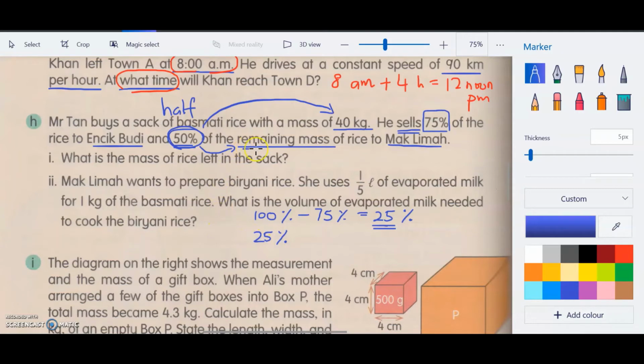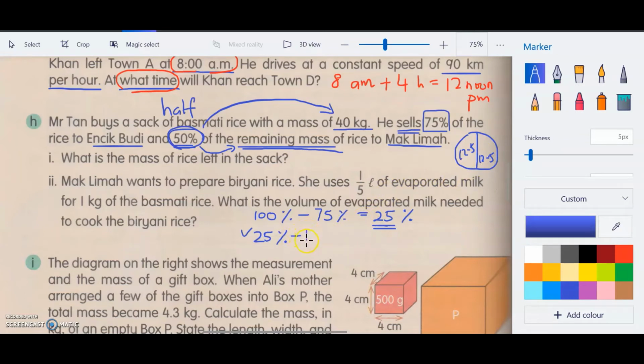50% of the remaining mass. This is the remaining mass, 25%. So 25%, if you divide by 2, you get 12.5%. Okay, 25%, half of it is 12.5. Okay, 12.5 plus 12.5, we get 25.